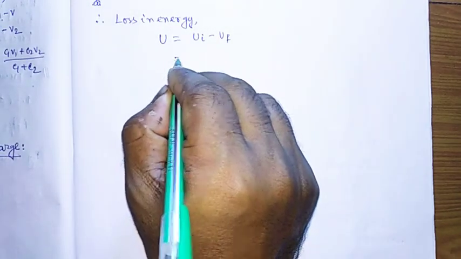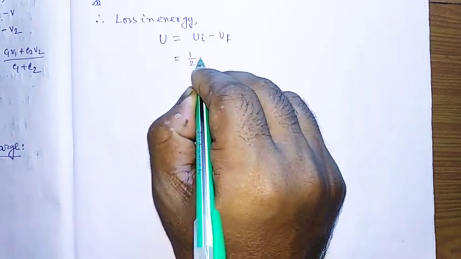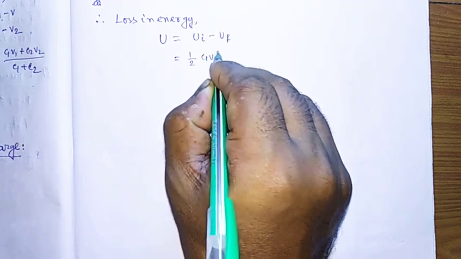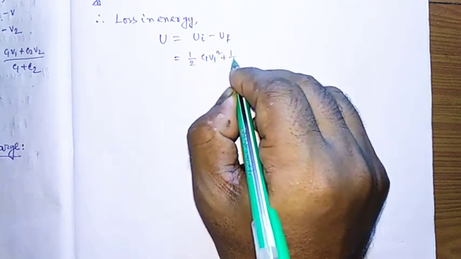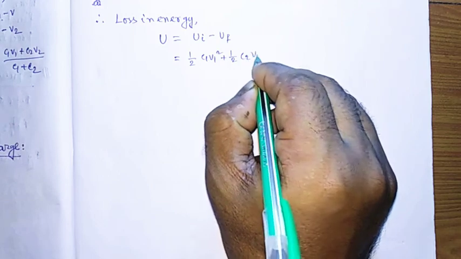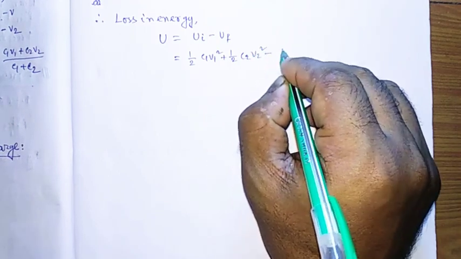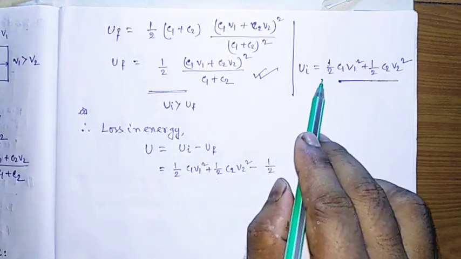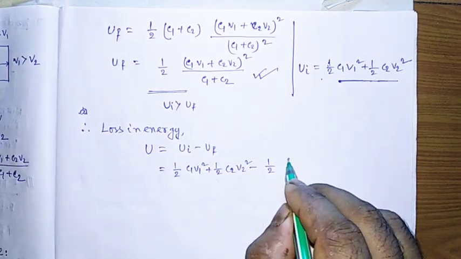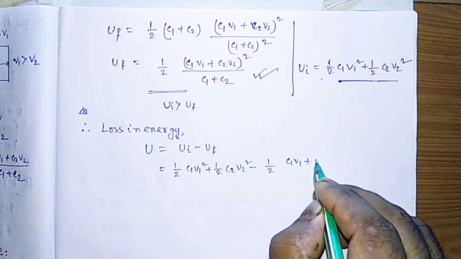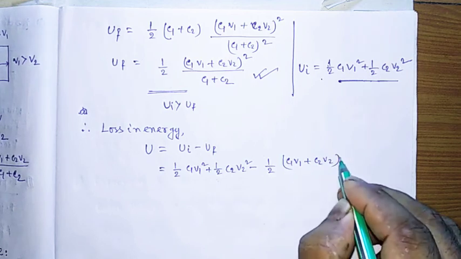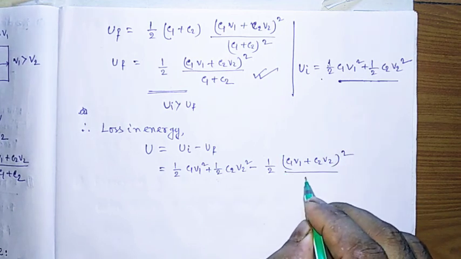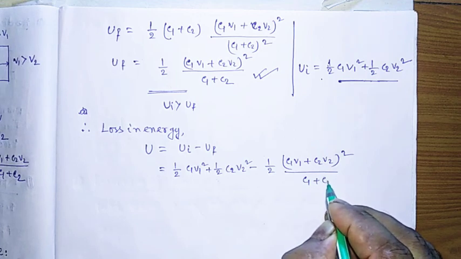It is equal to half C1 V1 square plus half C2 V2 square, minus half of (C1 V1 plus C2 V2) whole square over (C1 plus C2).